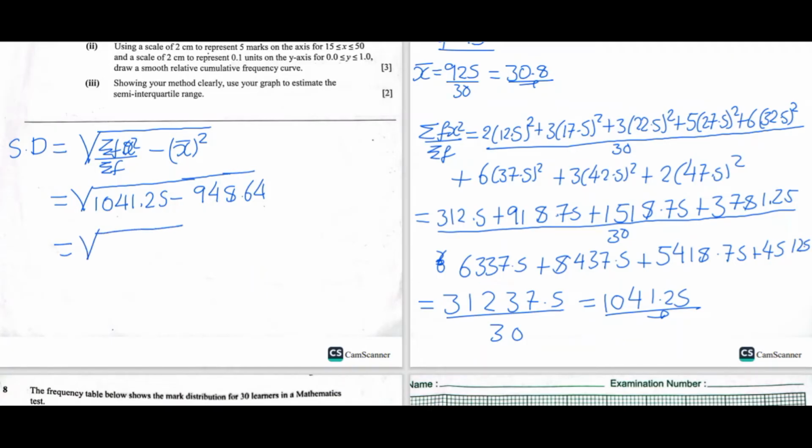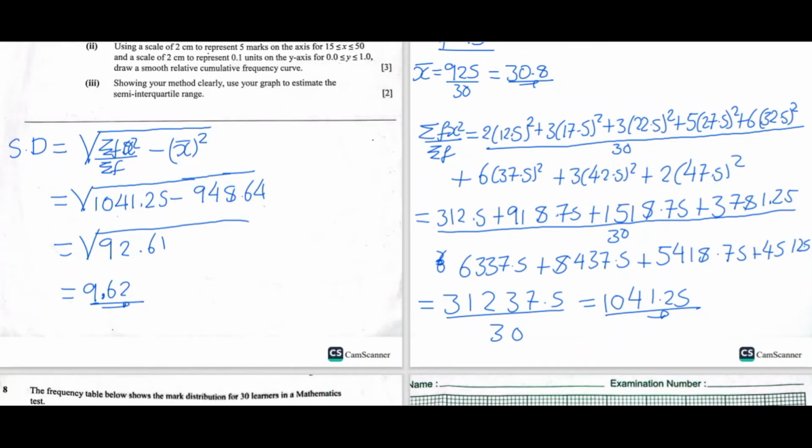Then minus, I'm getting 92.61. So what is the square root of this number? My final answer is 9.62. So this is our answer.